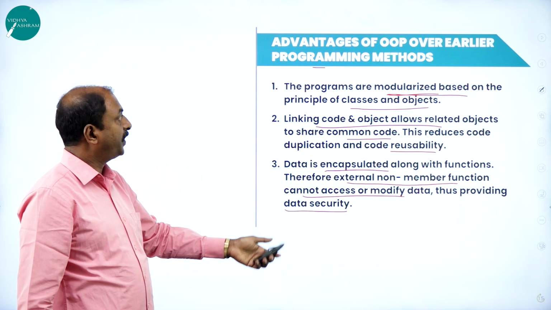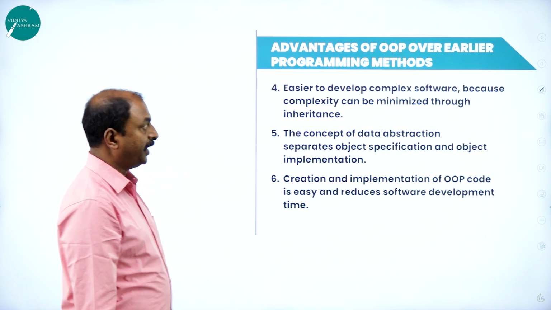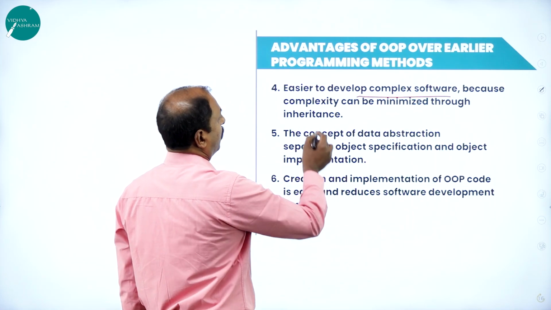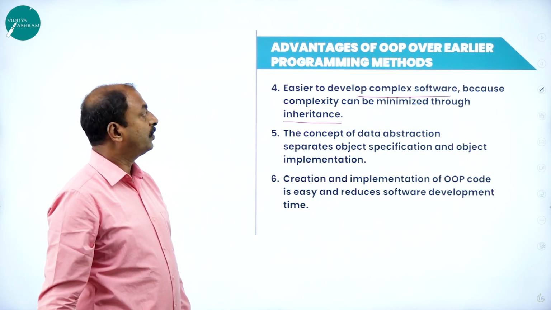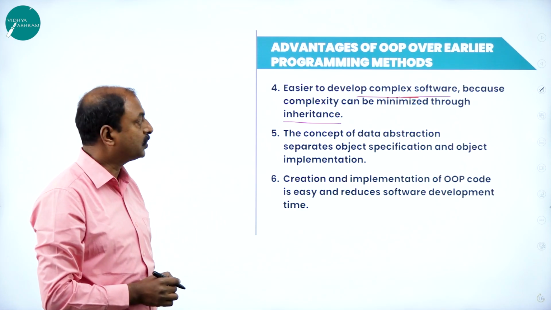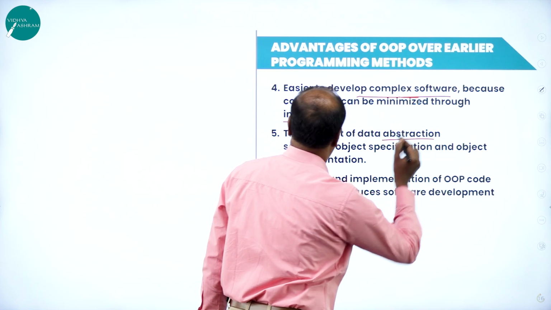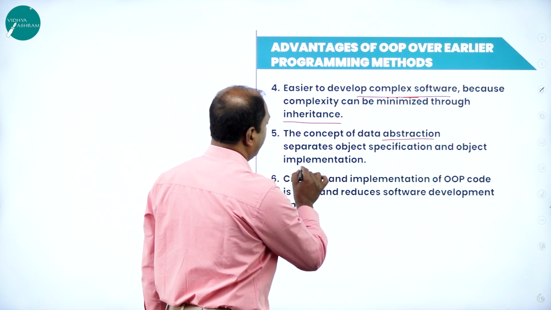These are the different advantages of OOPS concepts. The fourth point is that it is easier to develop complex software because complexity can be minimized through inheritance, so it is useful for developing complex as well as general application software. Next is data abstraction, which provides separate object specification and object implementation.